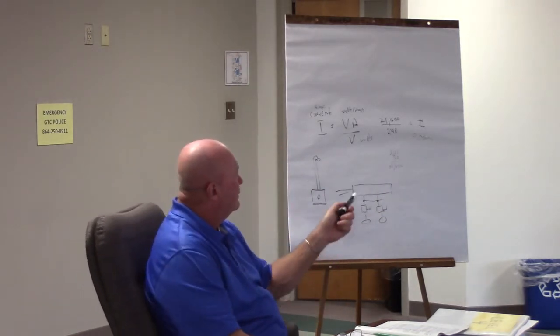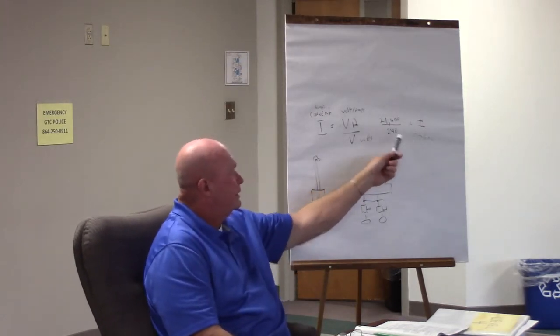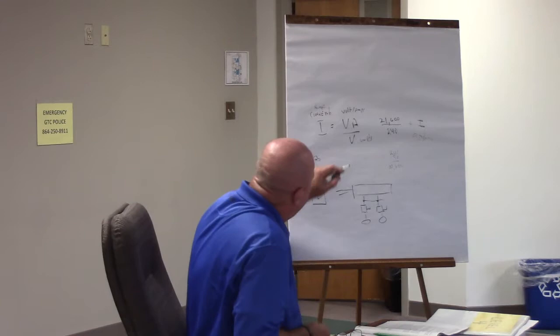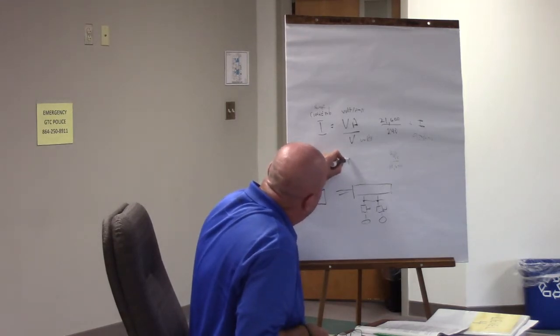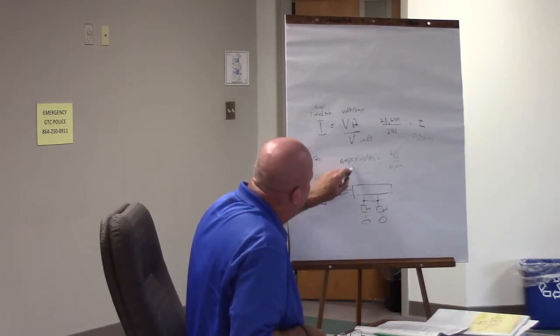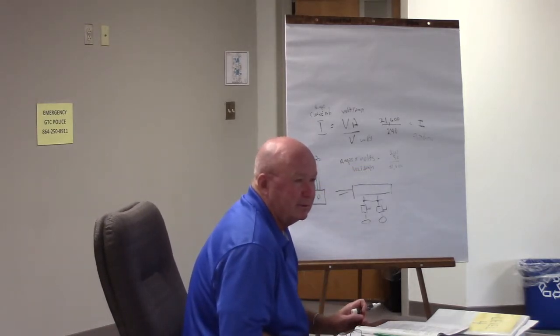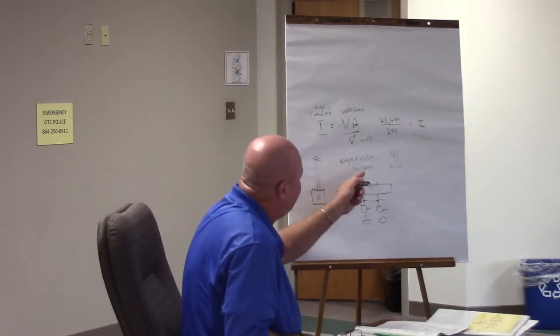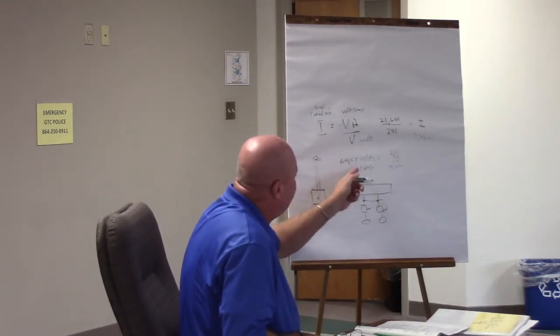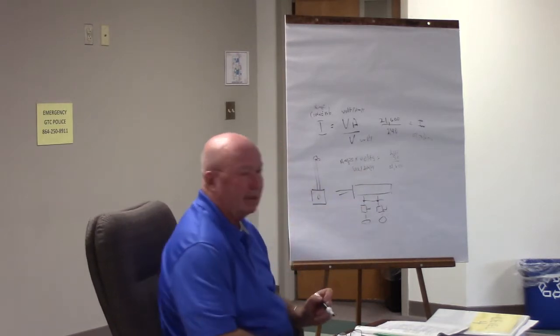All you're doing is amps times volts is equal to volt amps. That makes sense? Amps times volts, or volts times amps, you can do either one, is equal to volt amps.